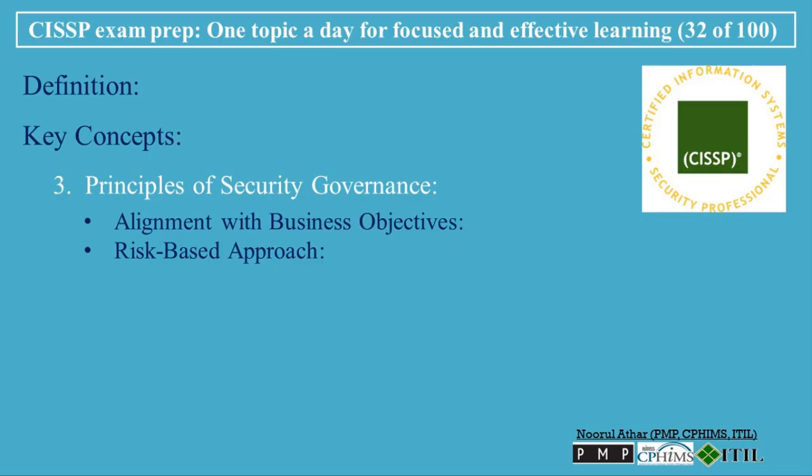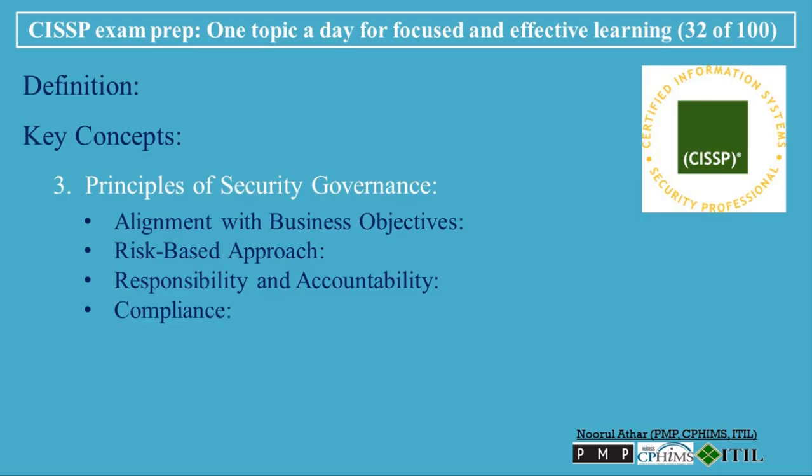Resources should be allocated to address the most significant risks, prioritizing those that could have the greatest impact on the business. Responsibility and accountability. Leadership, particularly senior management and the board of directors, must be accountable for the security program. Governance structures ensure that these leaders are involved in key decisions and oversight.